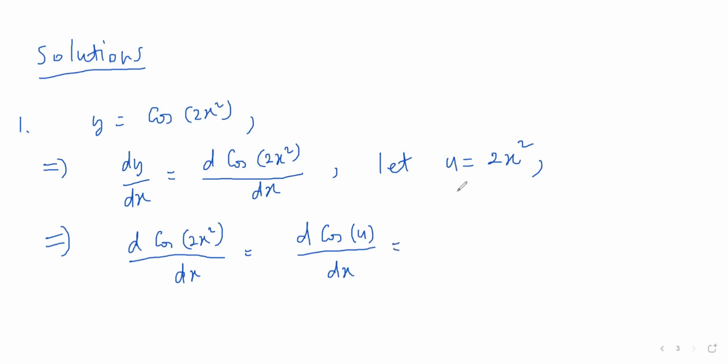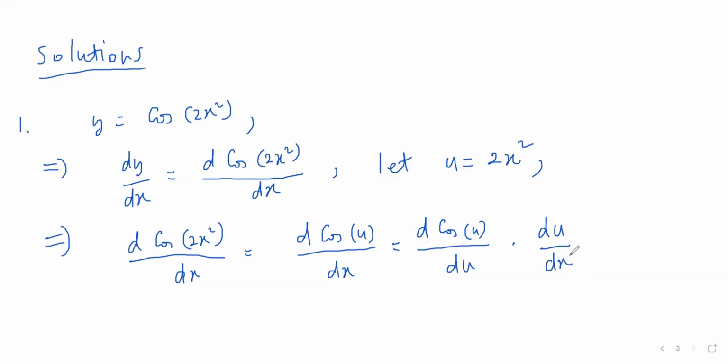So now applying the chain rule, that is equal to the derivative of cos u with respect to u multiplied by the derivative of u with respect to x.